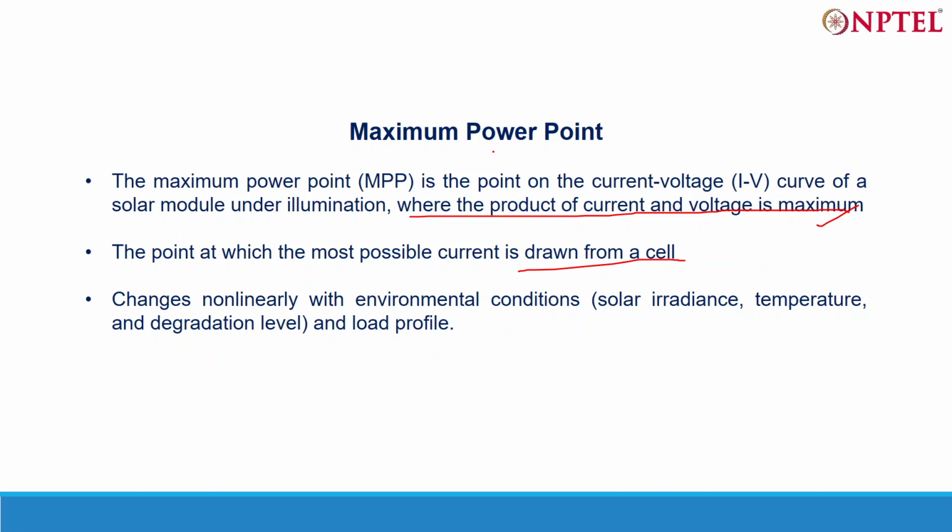And one more thing that you need to focus on is that the maximum power point changes non-linearly with environmental conditions. It doesn't change linearly. That doesn't mean that if you increase the illumination on the solar cell by 1000 watt per meter square you get x kilowatt, and if you double it to 2000 you will obtain 2x the power.